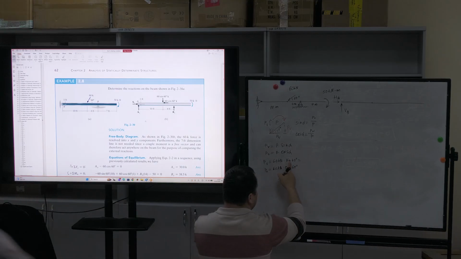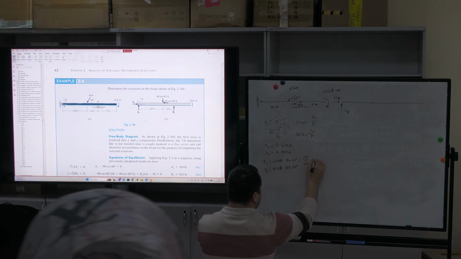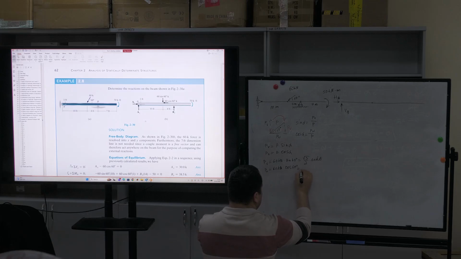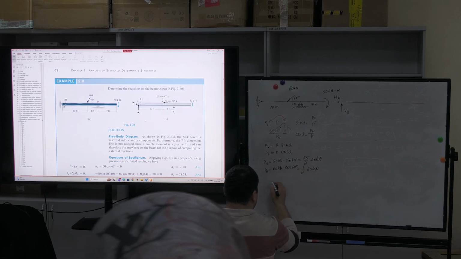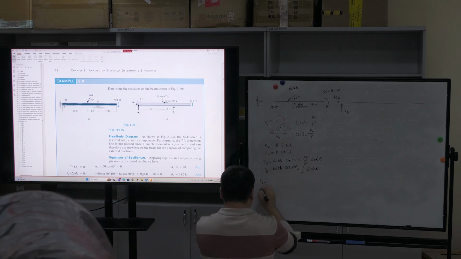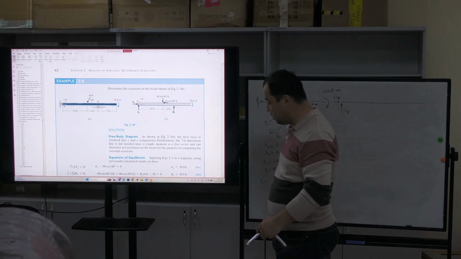Let's calculate these forces. How much will it be? Square root of 3 divided by 2, times 60 kilonewton. One over 2, times 60 kilonewton.